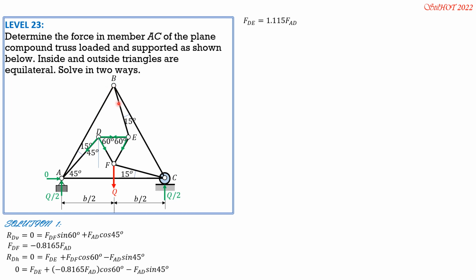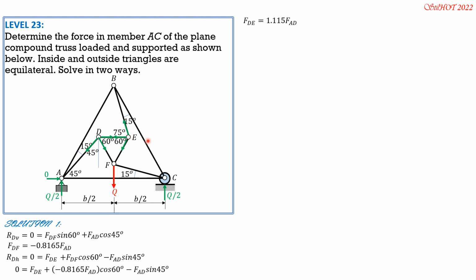So 30 plus 15 is 45. That's why this is 45 plus 15. So that makes it 60. So if the angle that BE makes with the vertical is 15, the angle it makes with the horizontal is 90 minus 15. So this is 75 degrees.